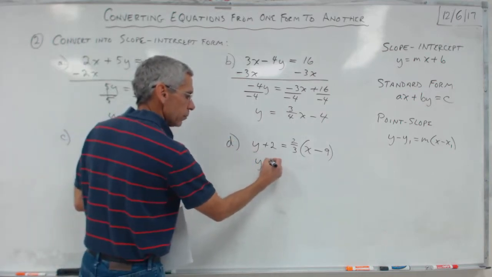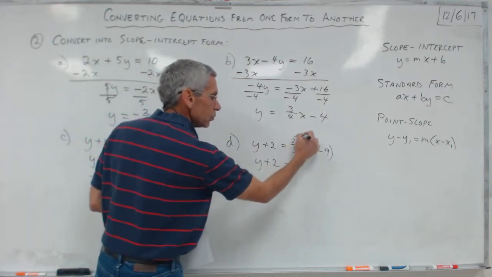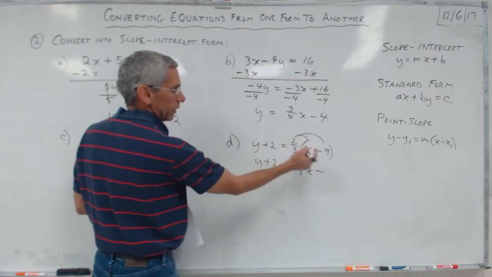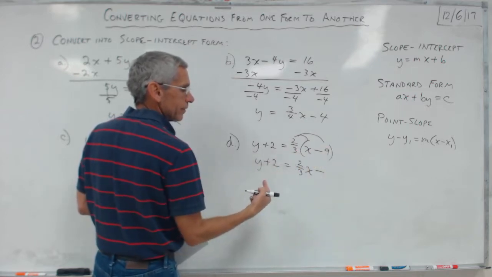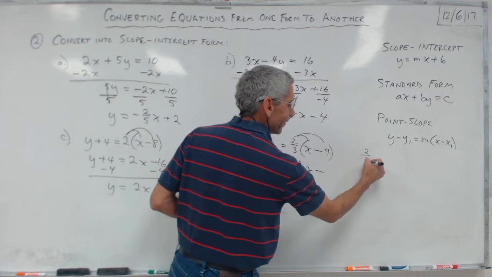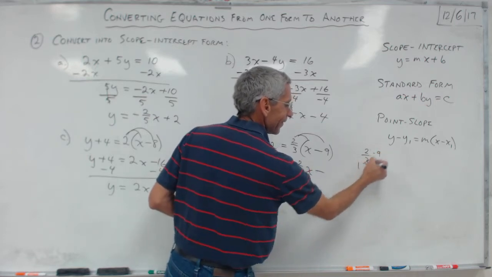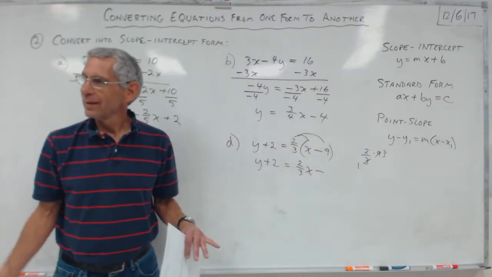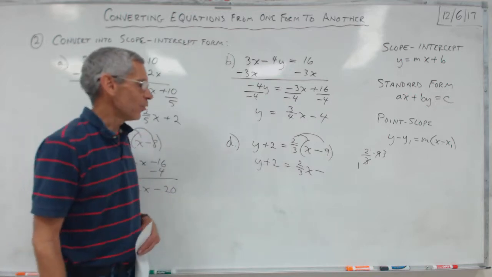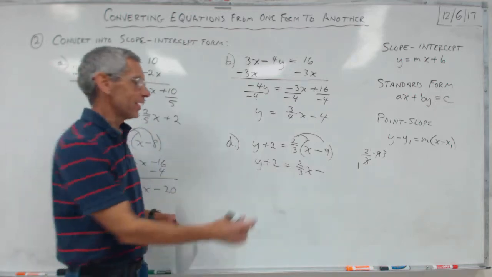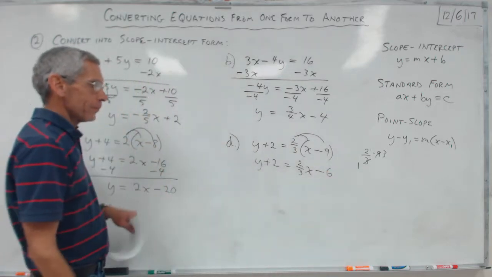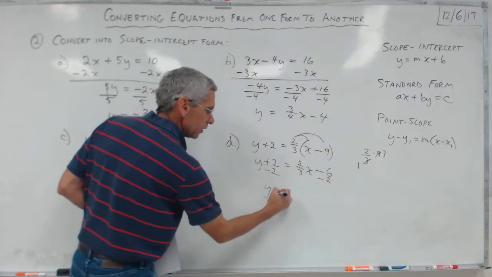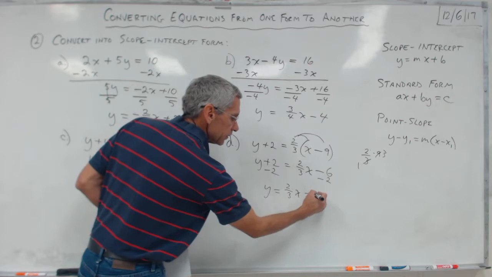Okay, so y plus 2 is equal to 2/3 x minus 6, so y equals 2/3 x minus 8. All right, so now I'm going to subtract 2. y is equal to 2/3 x minus 8.